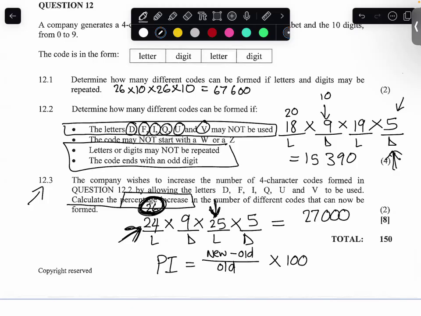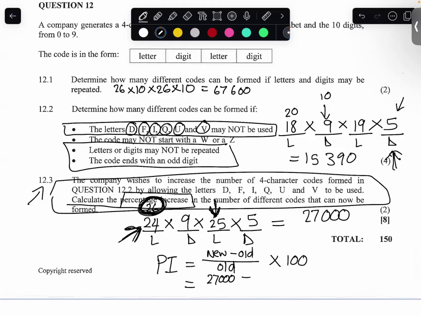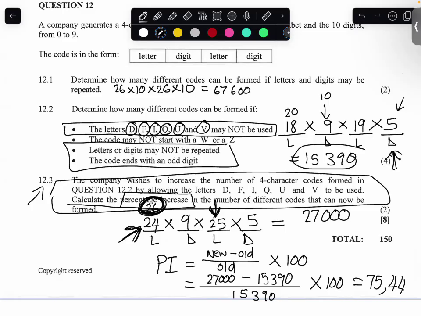So to calculate the percentage increase, it's the 27,000 from the new thing that they're allowing minus the old one, which was 15,390, over the old, which is 15,390, times 100. To get the percentage increase, it's 75.44%. That's the percentage increase just by allowing that additional 6 letters.